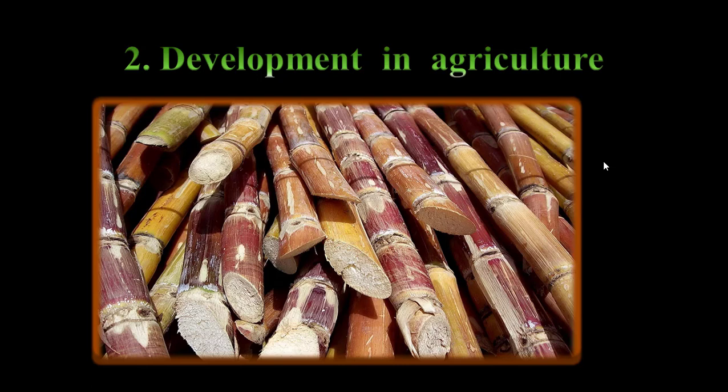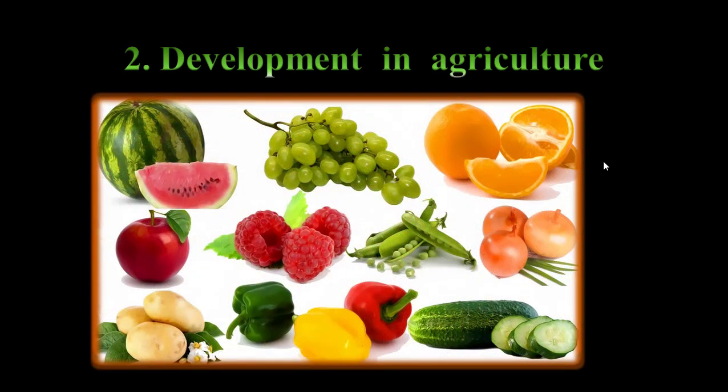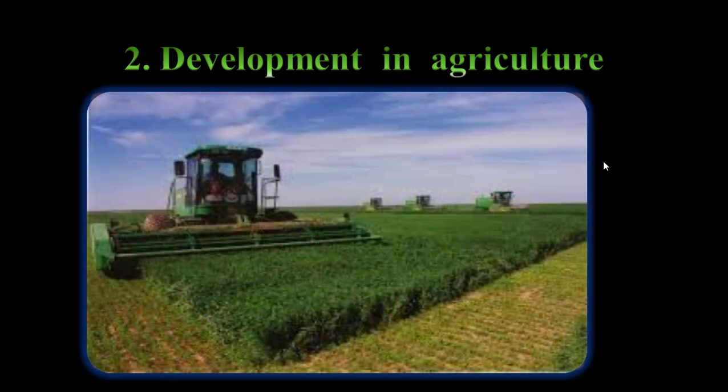Production of all crops like cotton, sugarcane, oil seeds, vegetables, fruits, milk and other agricultural products has increased manifold.